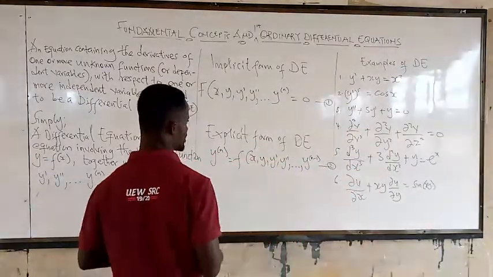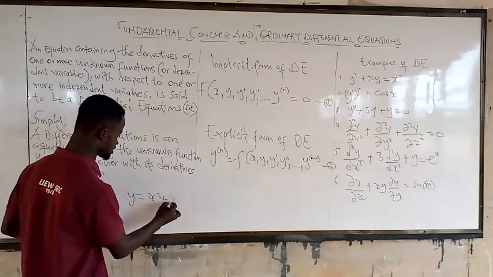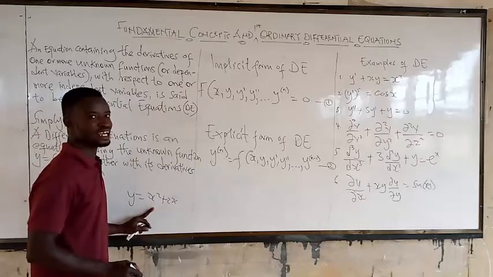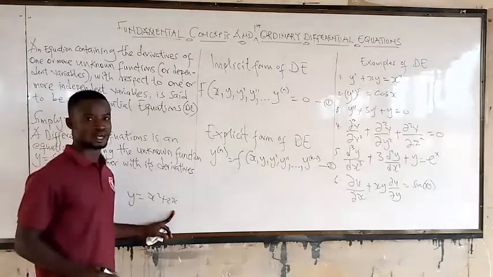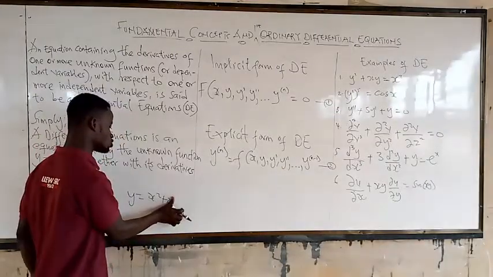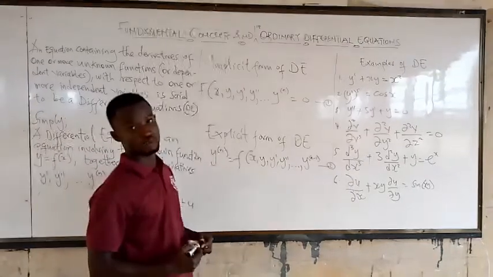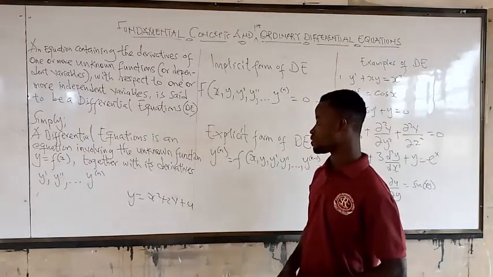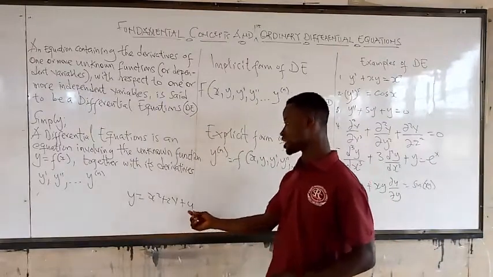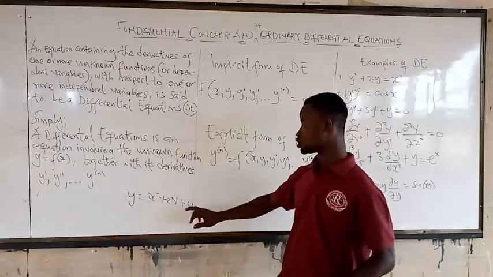All that we are saying is that if I write y is equal to x squared plus x, or 2x, this has a dependent variable y and an independent variable x. But if I write y equal to x plus v plus u, the dependent variable is y, but it has two or more independent variables: we have x, and we also have v, and we also have u.